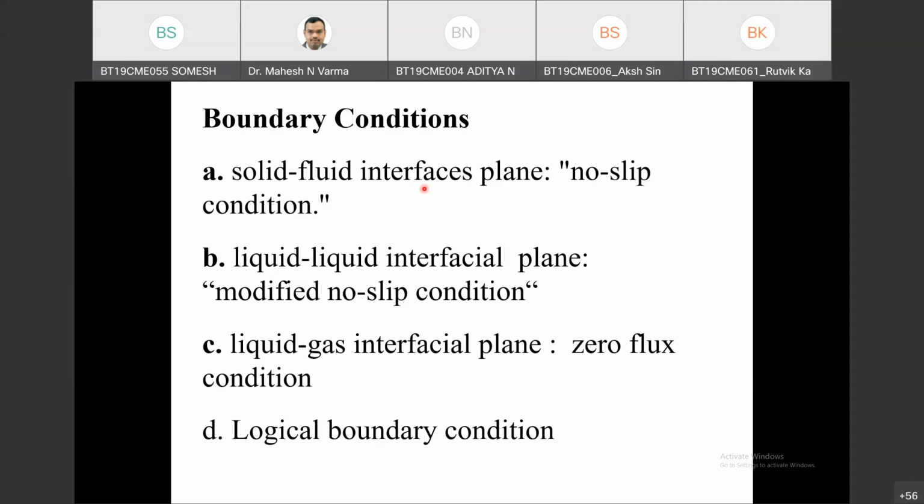Now the fluid cannot have so much viscous force that solid molecules will start moving. That is not at all the case. So certainly at the wall the fluid molecules will not move because this is the interface. So you can say the last layer of solid is equal to the first layer of the fluid. That is inseparable. So that is the interface.